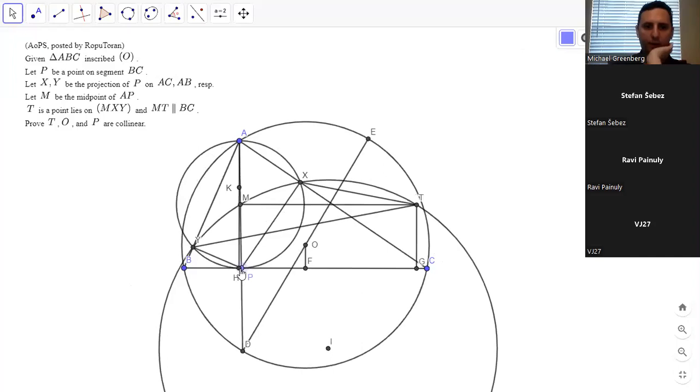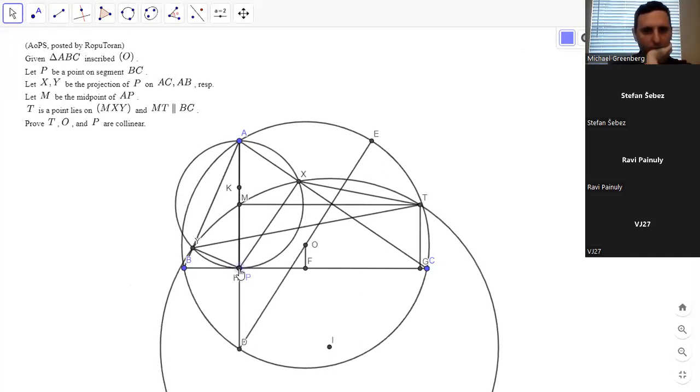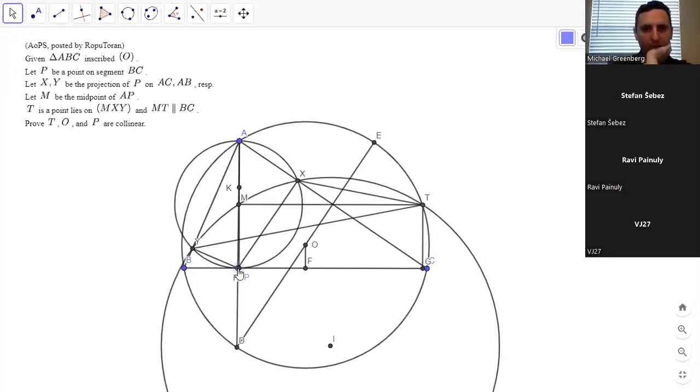I think it's better if P equals H, because then the circle's tangent to BC.